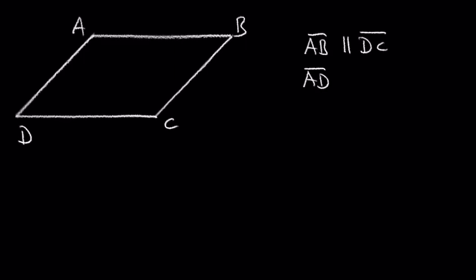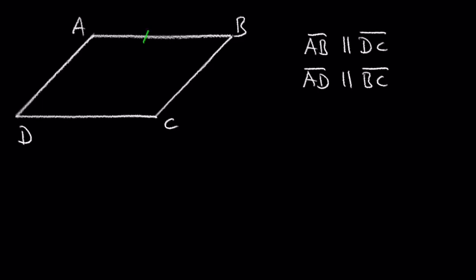Let's look at an example to practice that and look at the figure ABCD, where the opposite sides are parallel. So we can write segment AB is parallel to segment DC and segment AD is parallel to segment BC.